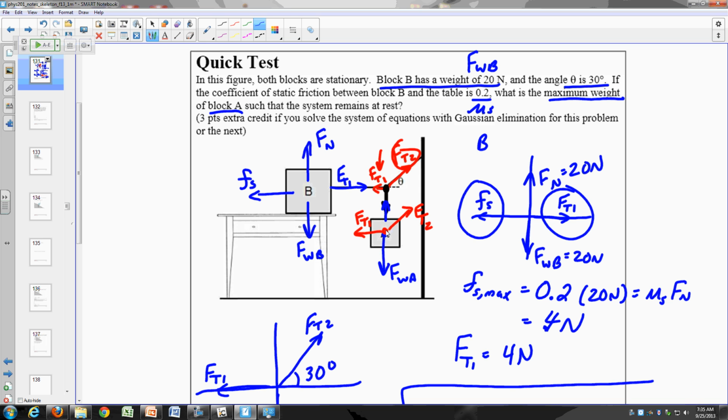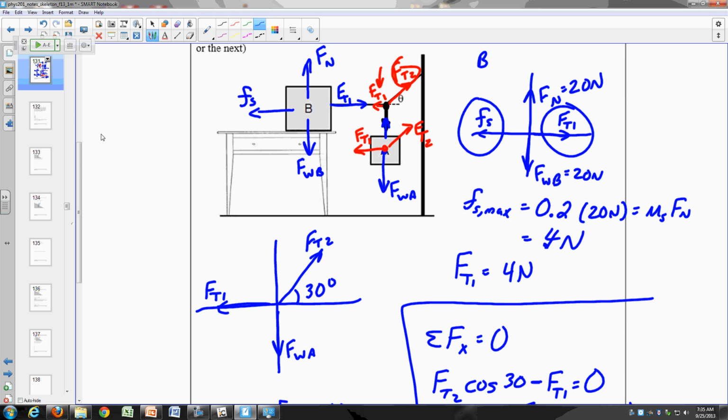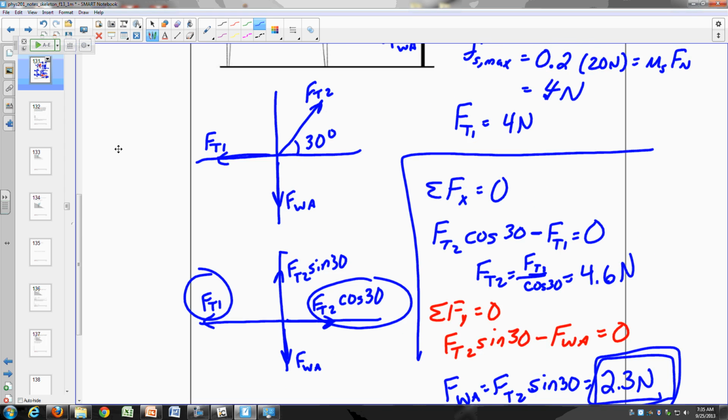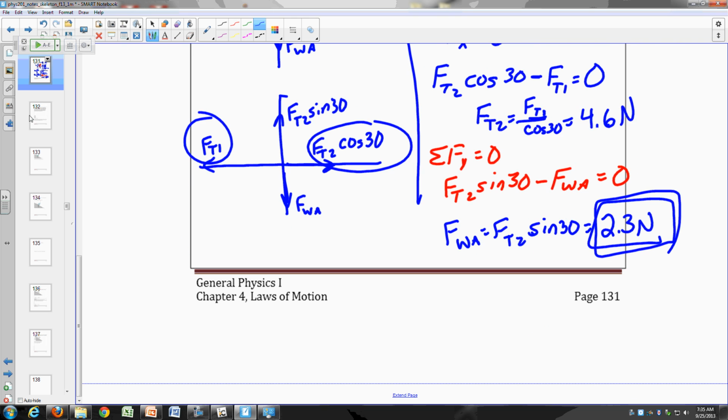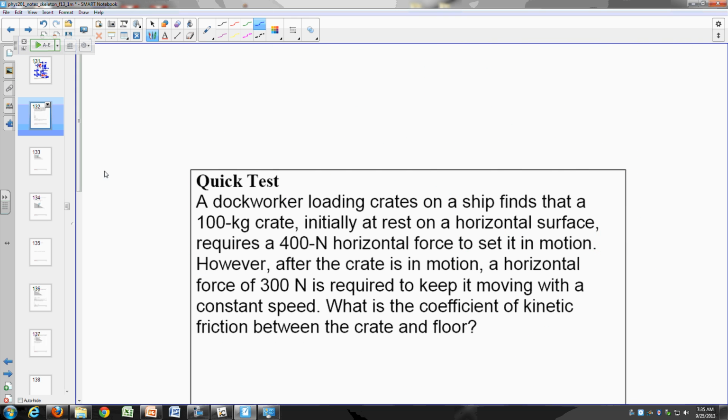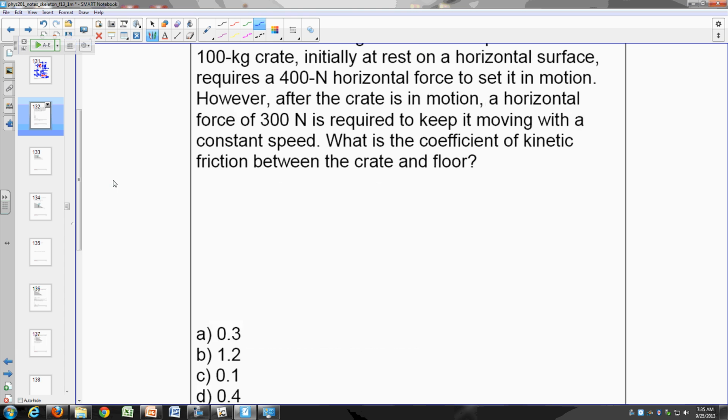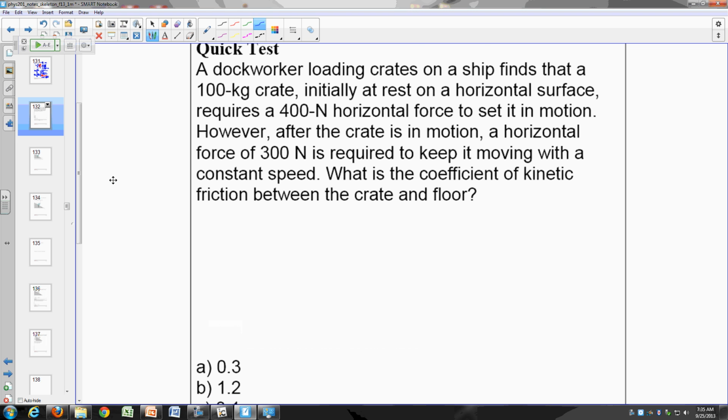All right, let's do some problems. Actually, let me see what else we have here. We might have a few more things. Okay, why don't y'all try this one right quick.